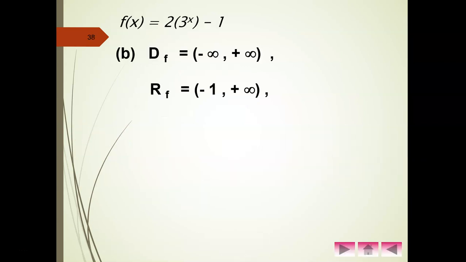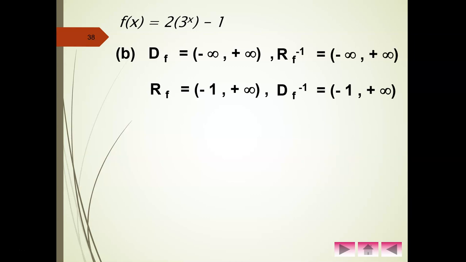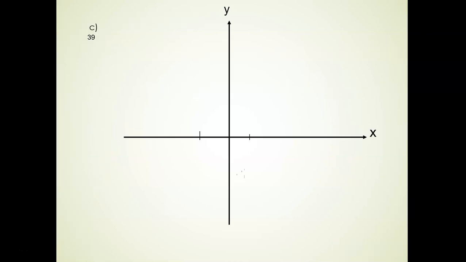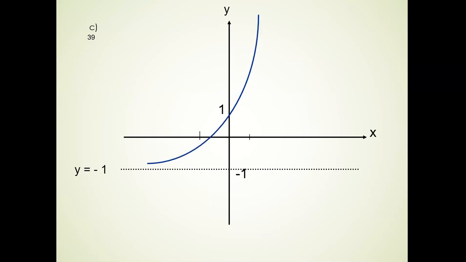Okay, so the domain will be negative infinity to positive infinity, which is also the range. The range of the function will be the domain of the inverse. Okay, so how do we sketch the graph? There will be an asymptote at y equals negative 1. So this is the graph of 2 multiplied by 3 to the power of x, minus 1.